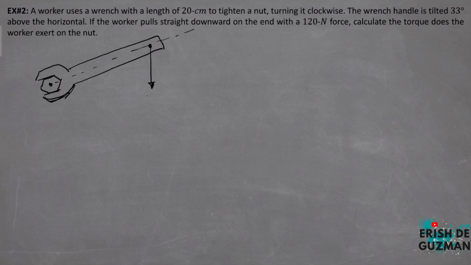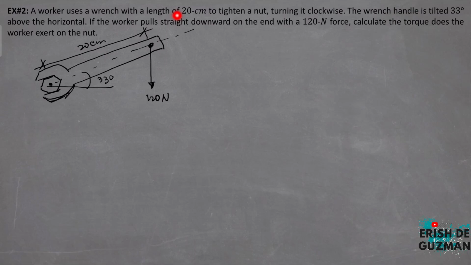And the wrench is angled 33 degrees above the horizontal, and the length of the wrench is 20 centimeters. Say, right at this point, the 120 Newton given by the worker is applied. This is 20 centimeters. Now, we have to calculate the torque.